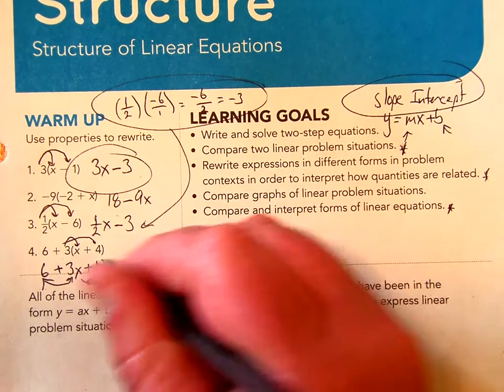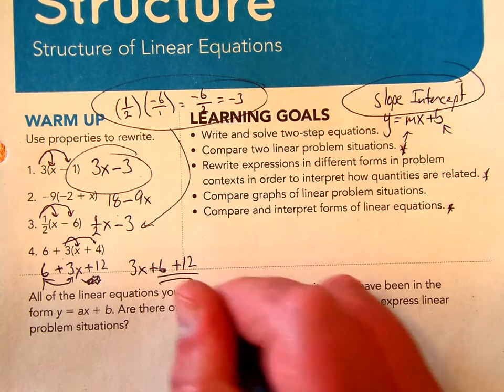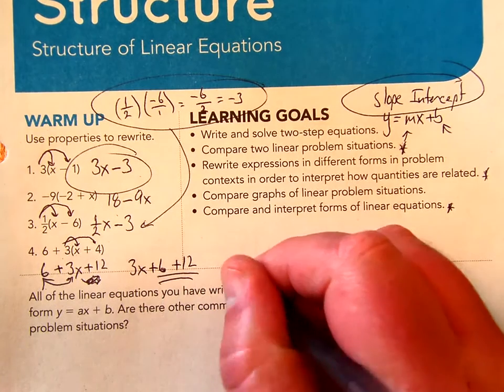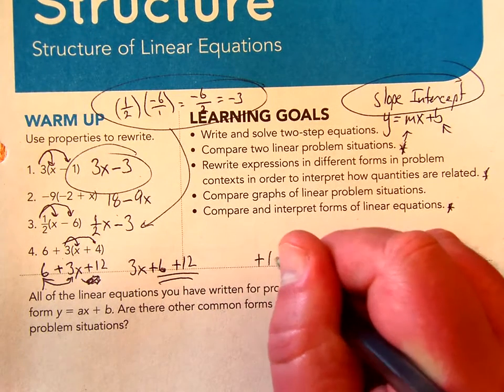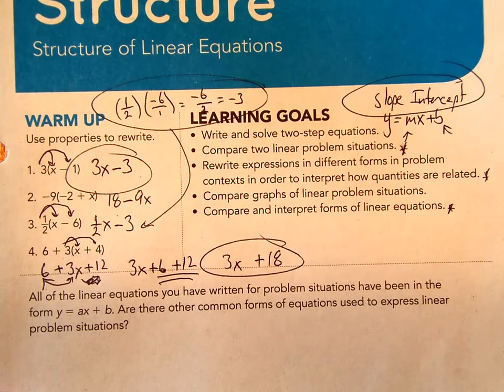And this positive 12 is still the same. Now I can combine like terms. 6 and 12 add up to a positive 18, and I have 3x plus that 18. So obviously somewhere in this section, you're going to be using the distributive property, and so that's why they're foreshadowing with a reminder of how to do this warm-up.